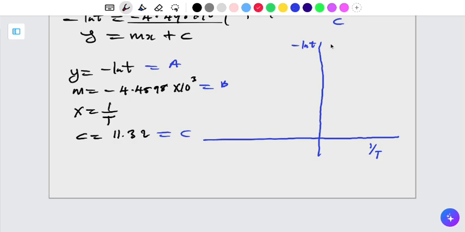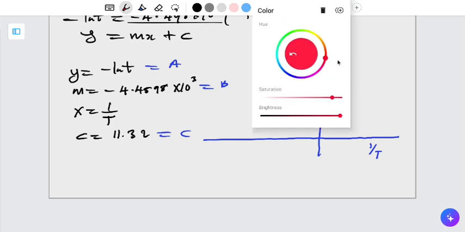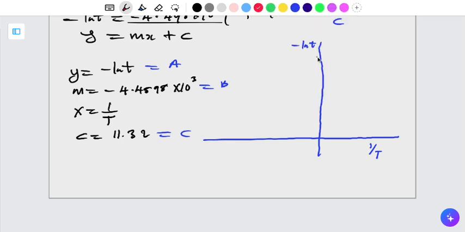What is our y-intercept? The y-intercept can be somewhere here because it is positive. So it is going to be positive 11.32. Okay, that is our y-intercept. Now what about the value of x here?